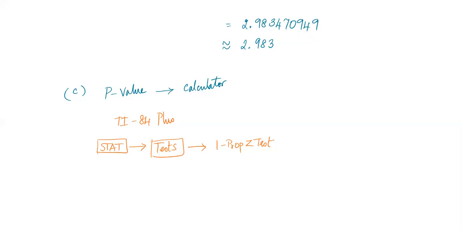You've been to this tab before and used the one at the bottom, the 1 prop Z interval, and you also have the T interval and so on. Here we are focusing on the test, not the interval, so I want you to make that difference. So we'll go to 1 prop Z test, which is number 5 on my calculator.